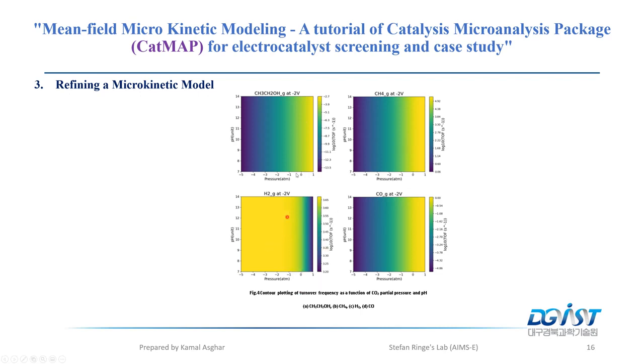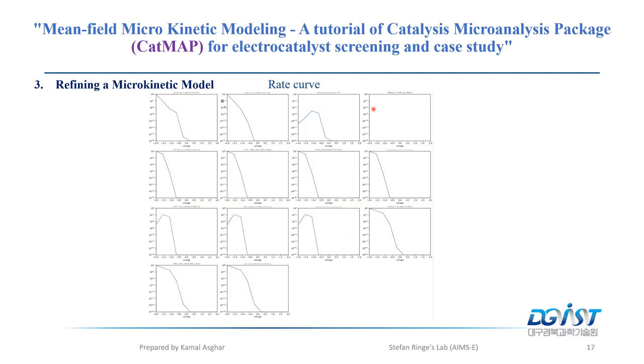This is turnover frequency, so it shows activity. In this case, they are active in the lower partial pressure region but independent of pH. Almost all species are independent of pH in this case. It's fixed at voltage -2, but you can vary the voltage to -1, 0, anything, then the trend will be different.